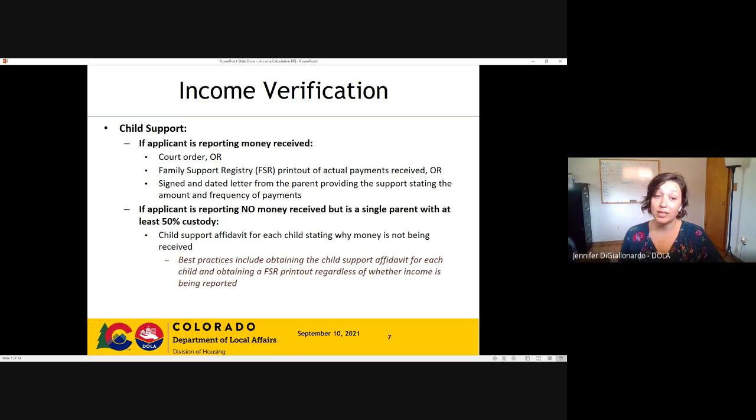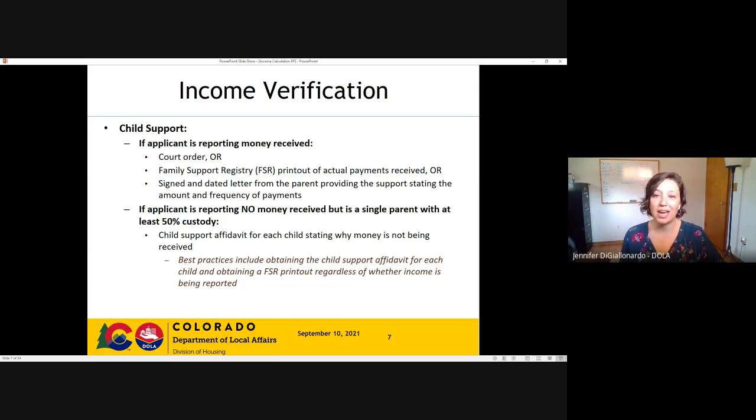You'll see a breakdown of the co-head or the person paying the child support, how much they're paying and how frequently. If that isn't a possibility, you can go to a signed and dated letter from the parent providing that support, stating the amount and the frequency of that payment.